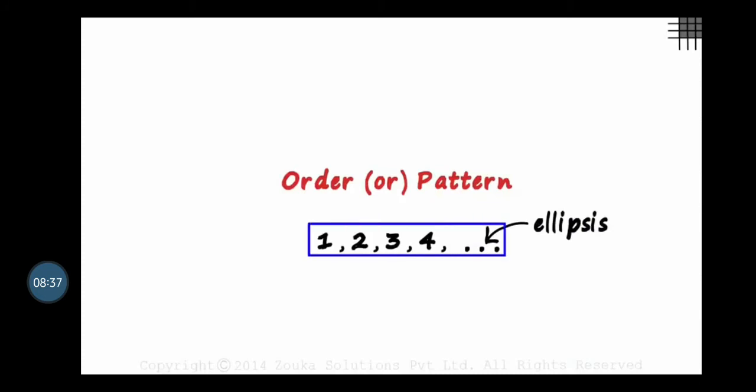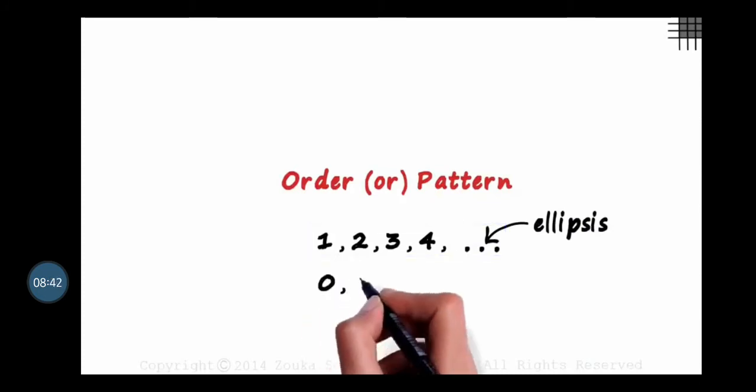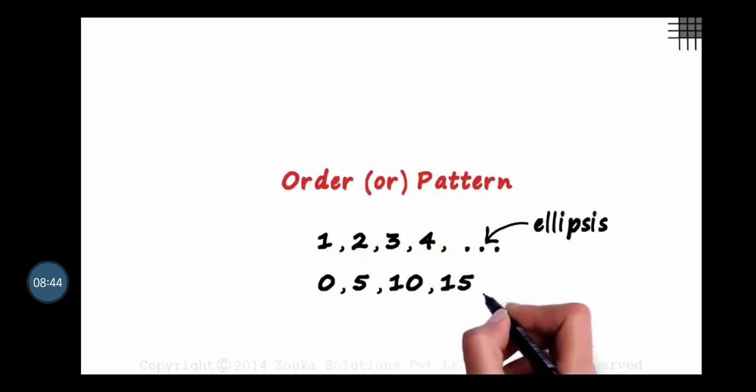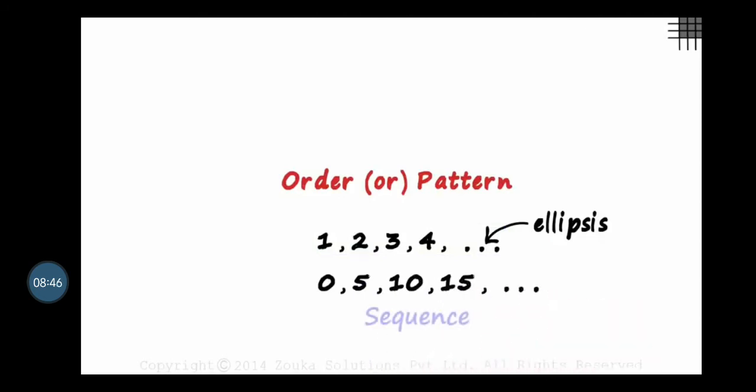The numbers don't necessarily have to be continuous to be a sequence. A list like 0, 5, 10, 15, and so on is also said to be a sequence. What's the pattern here? Every number is increased by 5 to get the next number. A constant increment of 5.